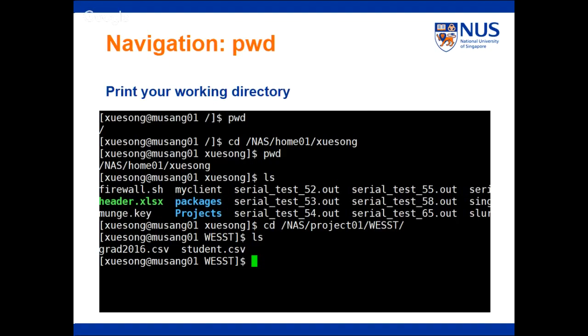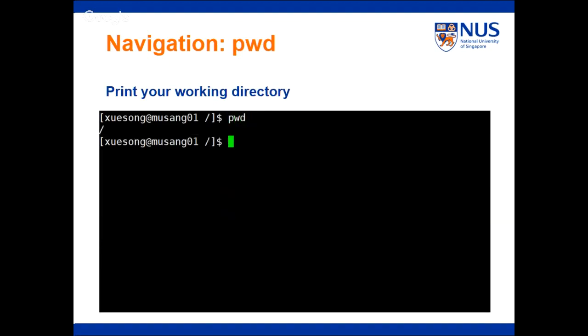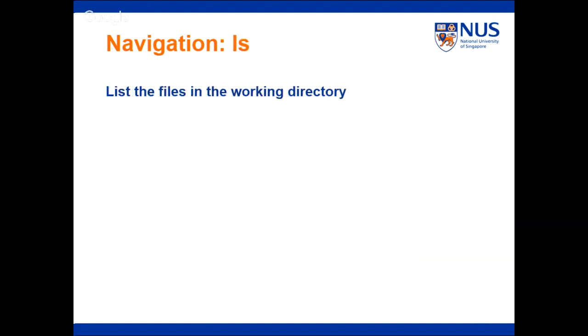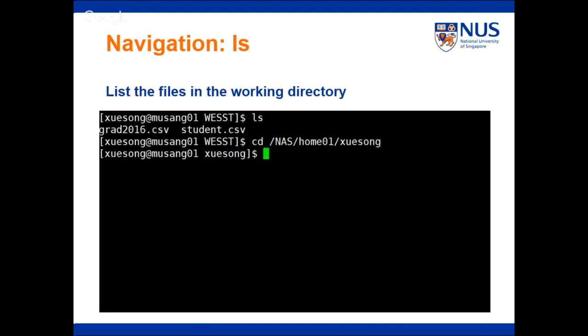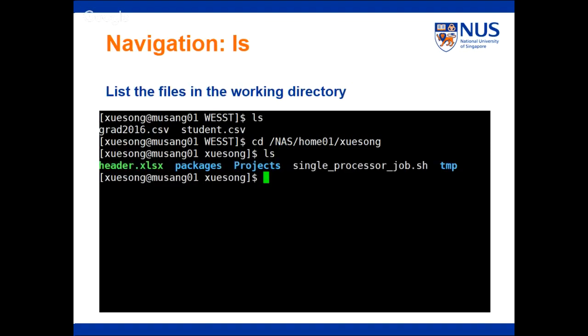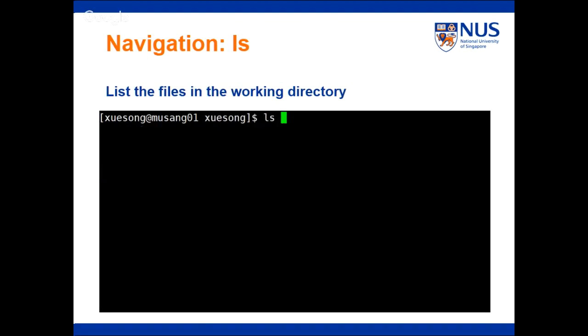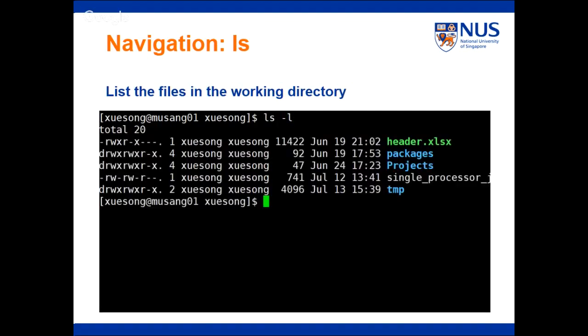Then you can directly see the files in that path without having to change to it. So with -l, you can see the details of the files. On the left side are the permissions, then the owners and the groups, and the date of last modification.